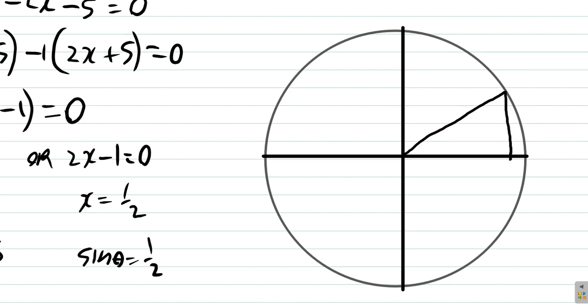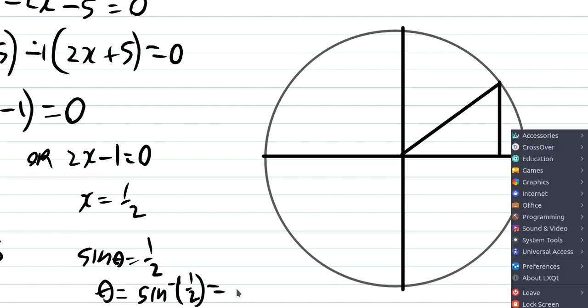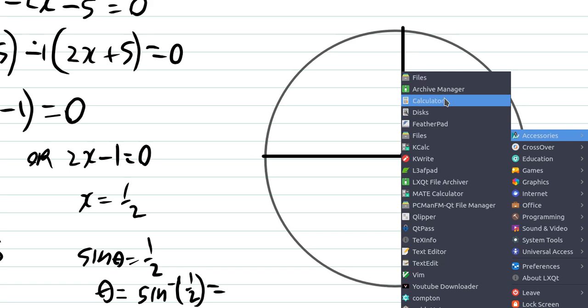Let me draw the triangle properly. The opposite over the hypotenuse is half. First of all, if sine theta is half, then theta is equal to sine inverse of a half, which is going to be 30, because 30 degrees.